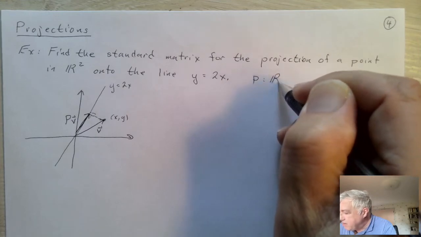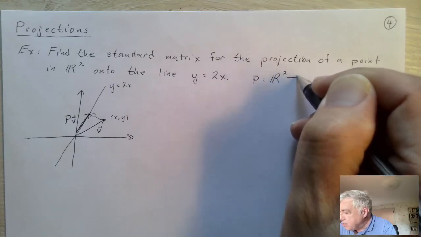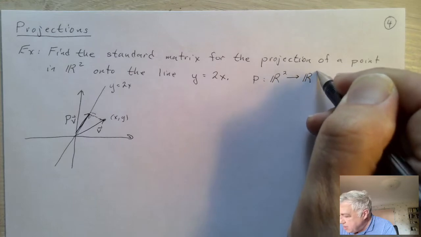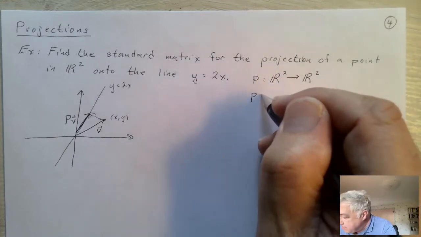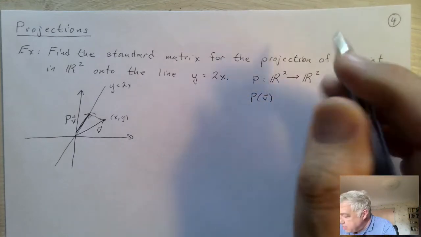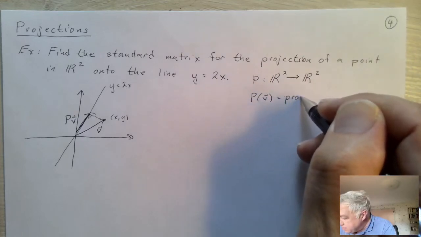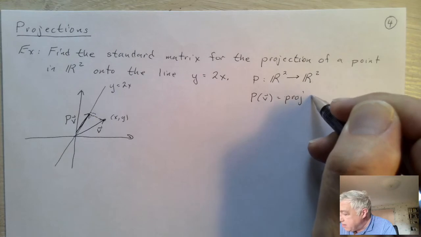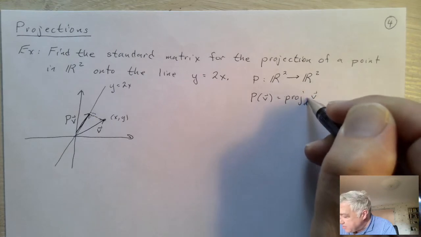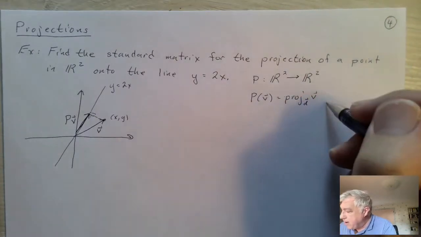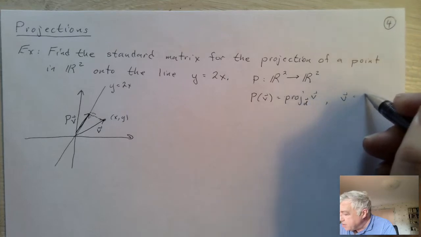P is really our function here. It's going to be a function from R2 to R2, and P of v is really just going to be the projection of v onto the direction vector d, where v is just (x, y).